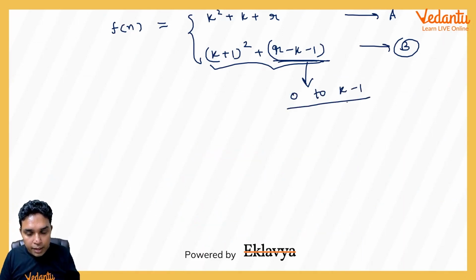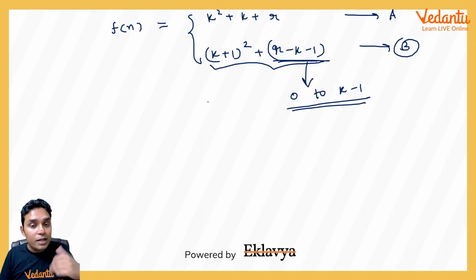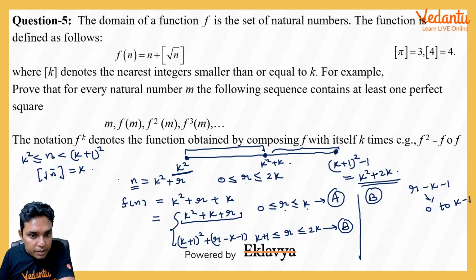Yes or no? It is lying between 0 to k minus 1. You can think of that this new value of n, which was earlier k square plus r.